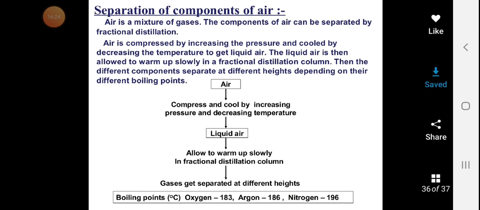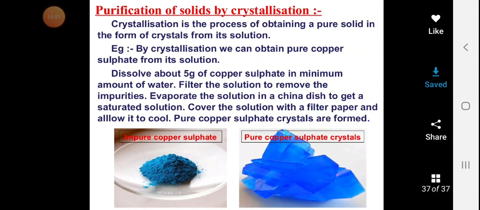The different gases like oxygen, nitrogen, carbon dioxide, helium and hydrogen are separated at different heights. The boiling point of oxygen is minus 183, argon minus 186, and nitrogen minus 196 degrees Celsius. At different temperatures they boil, and we get those gases at different height levels.